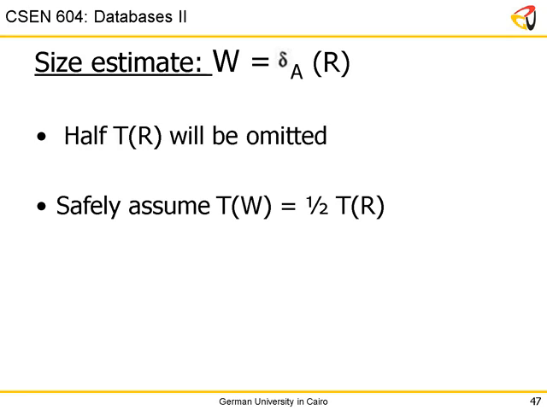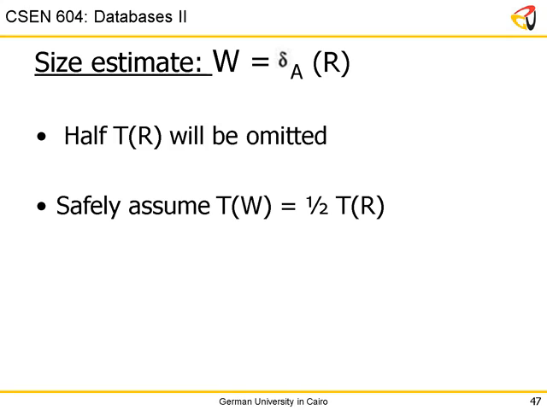What about this guy? We have seen it before in the first few slides. This is the distinct operator. Okay? Now, if the table has no duplicates in this column A, then I will get the whole table back as the size of my W. If the table is all duplicates, then I will get an empty result set.